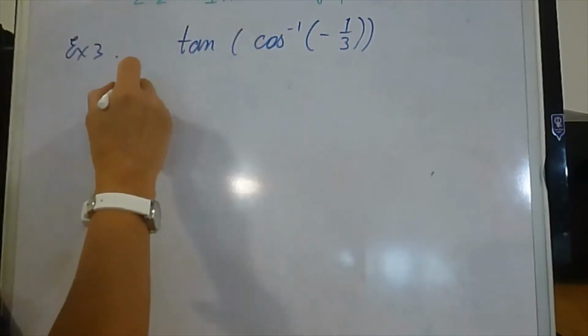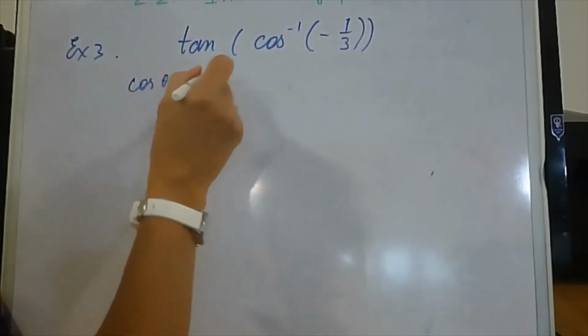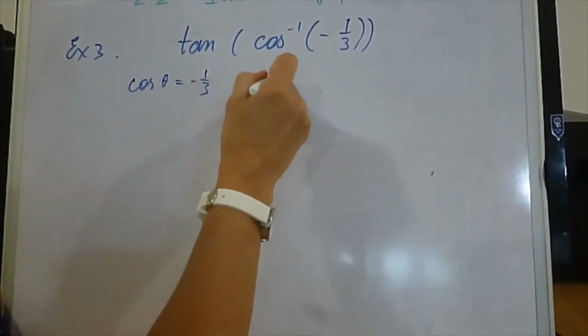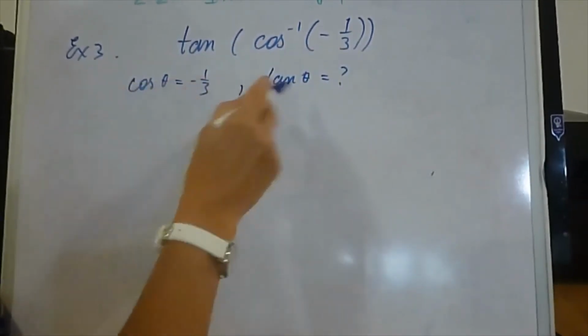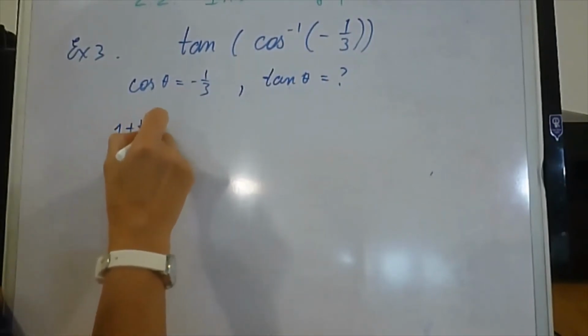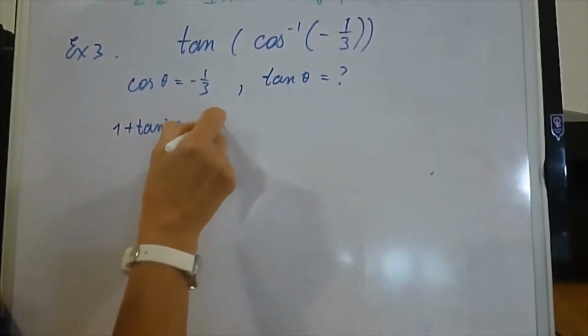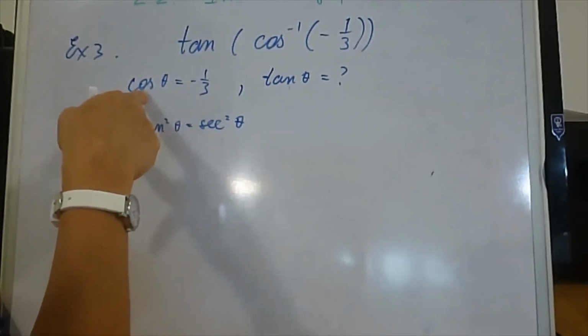So here I have cosine of theta equals negative 1 over 3, and the question is, what is tangent of this theta? Well, you see tangent and cosine are giving me definitely a Pythagorean identity: 1 plus tangent squared of theta equals secant squared of theta. I don't have a secant, but I do know that cosine is the inverse of secant.